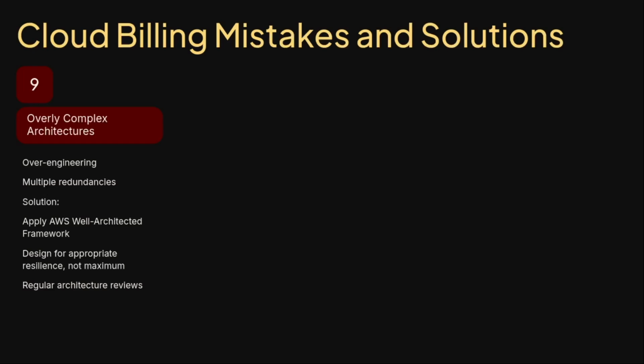Not every application needs multi-region failover or five nines availability. Design for appropriate resilience, not maximum theoretical protection. Regular architecture reviews can identify simplification opportunities that both improve performance and reduce costs.